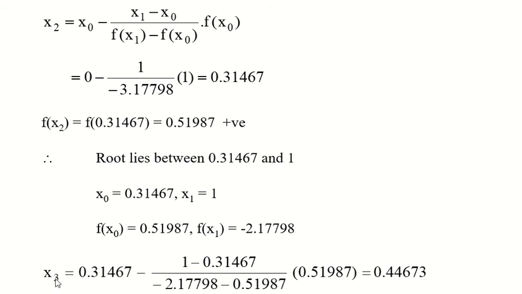Go on calculating the next approximation. x naught, now here x naught is x2, that is 0.31467, minus x1 is 1 minus x naught, that is x2, 0.31467, divided by f of x1, you have calculated here, minus f of x naught, into f of x naught.